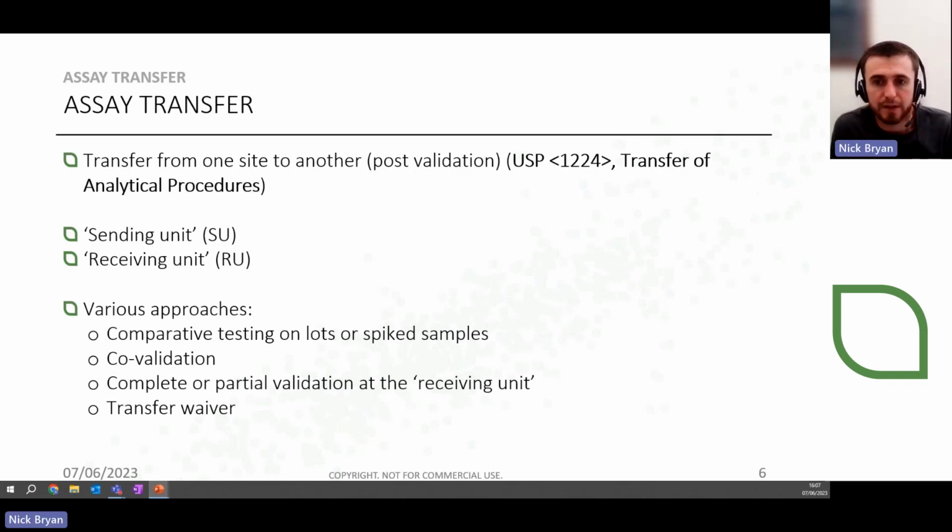Transfer waiver is the last, and essentially this is a get out of jail card. This is where, under particular circumstances, the receiving unit is deemed qualified to start working on the analytical test procedure without some sort of comparative or validation procedure in place.